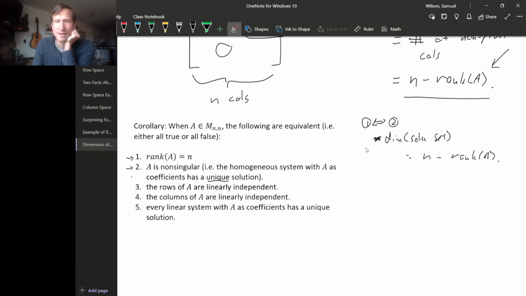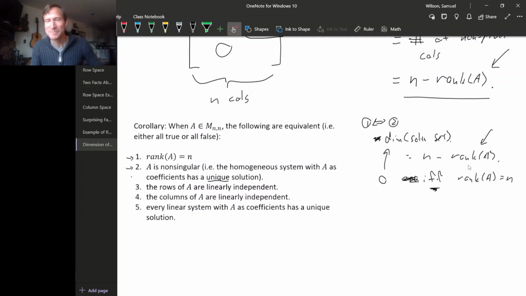So the dimension of the solution set is 0 if and only if (iff, with two f's, is an abbreviation for if and only if) the rank is n, right? The only way to make this difference equal to 0 is if the rank is n.